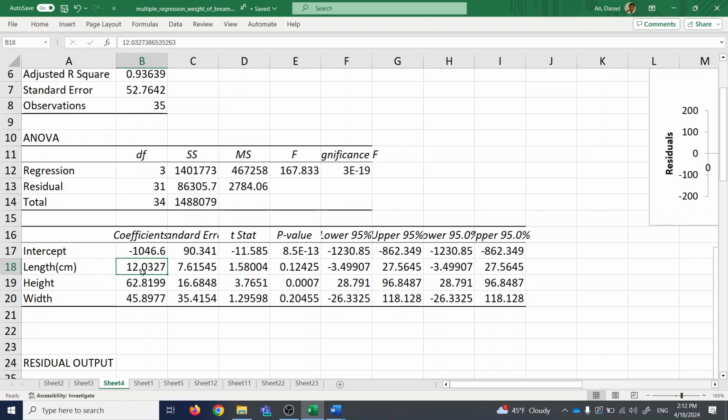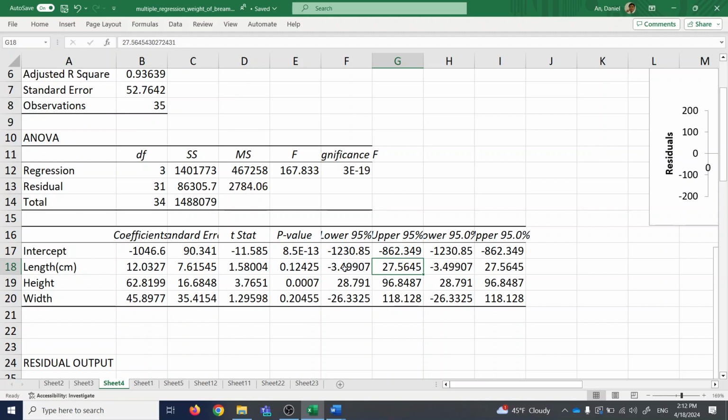So if you were to increase the samples and get a bigger and bigger sample and get a better feel for what this coefficient should be, where do you think it would belong? With 95% confidence level, you know that the true value of this coefficient lies somewhere between negative 3.5 to 27.5.